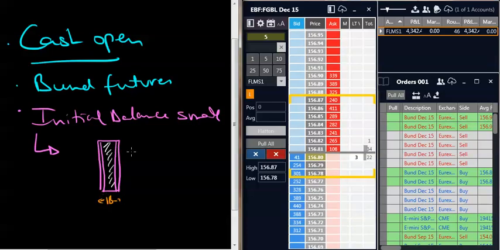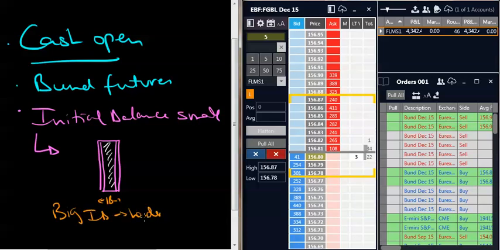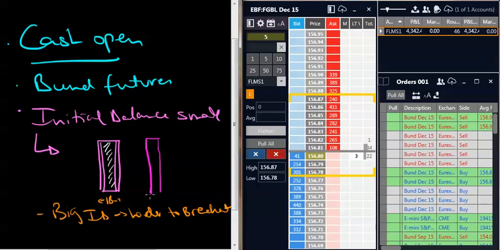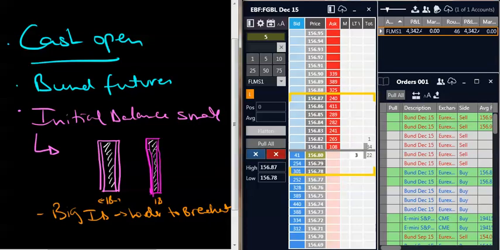The bigger the initial balance, the harder it is to topple that book over. In contrast, if we had a small initial balance, a very thin book, where the initial balance again represents the width of the book, then when the cash comes in, a very thin book is more likely to get toppled over and break out.